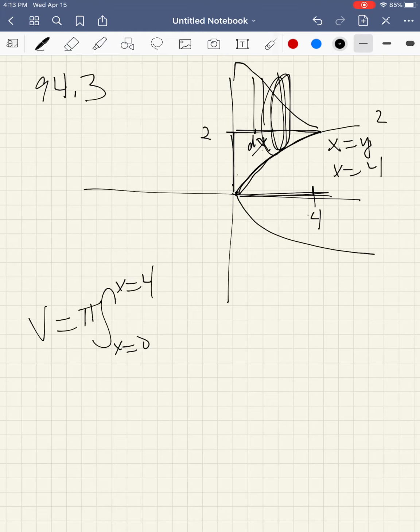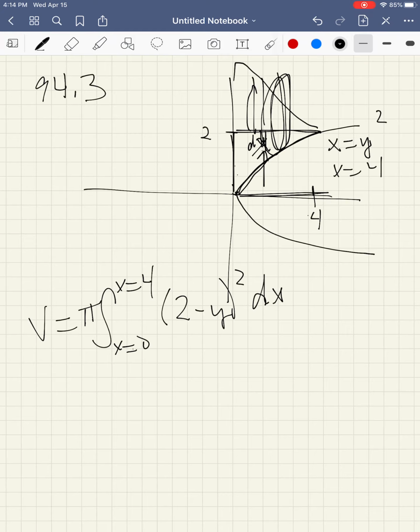And then pi. Okay, now our discs, the radius would be, at any point, this would be y. So then the radius would be 2 minus y. Because if we come up y, then this radius of the disk would be 2 minus y. So that would be 2 minus y, quantity squared, but it's dx, because the width of that disk is dx.